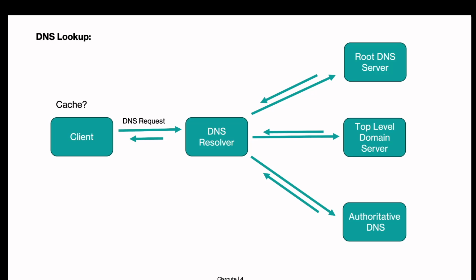Now, the DNS resolver is actually configured in two ways. One is that it might be manually configured, where you go to your network settings and say, okay, use this DNS server 8.8.8.8. That is one way of configuring it. And the other way is automatically by using DHCP.